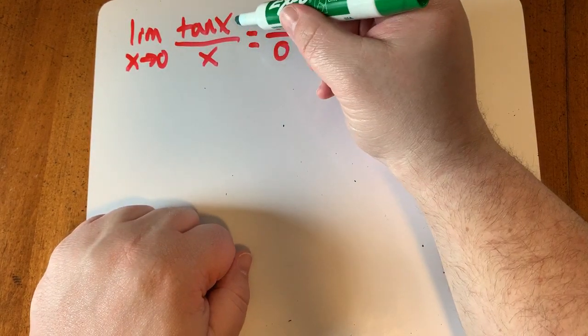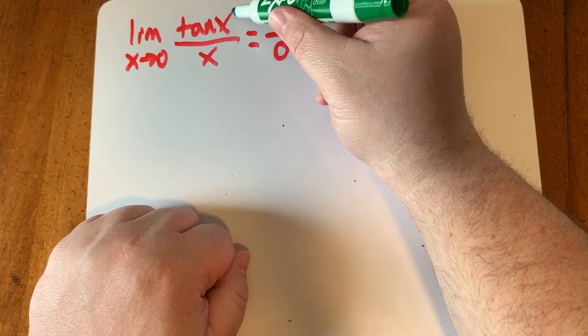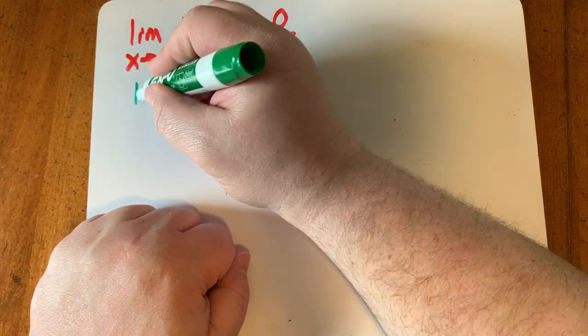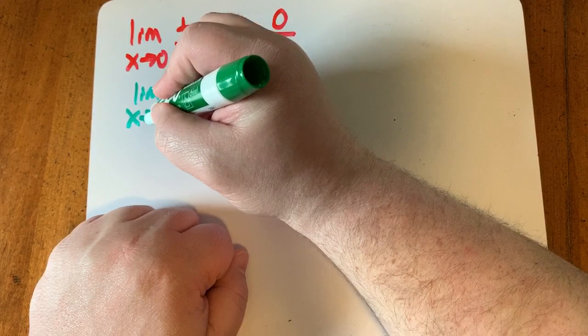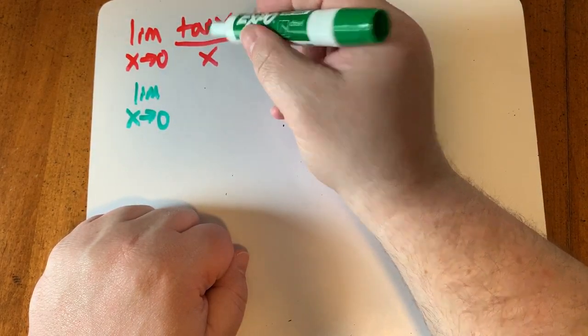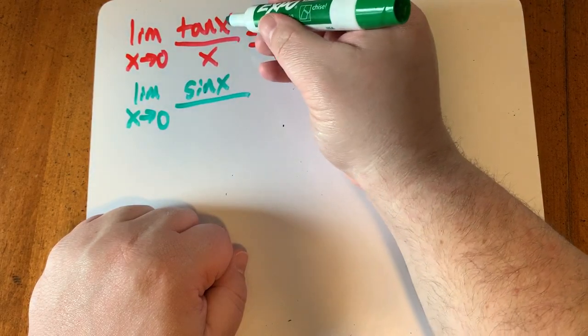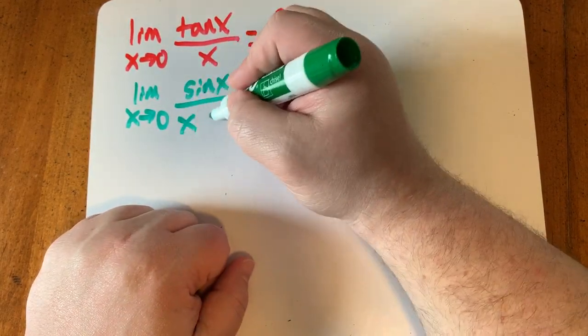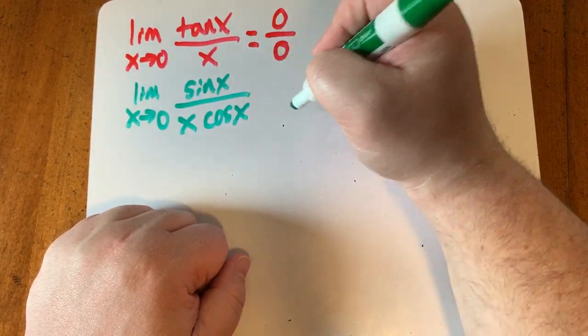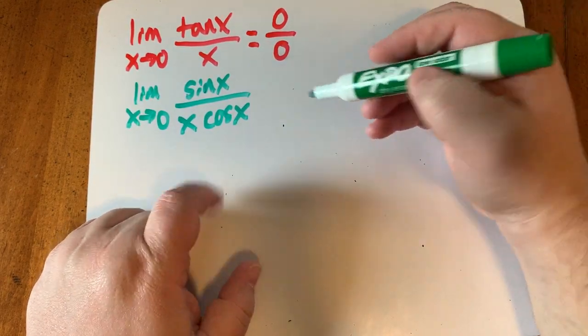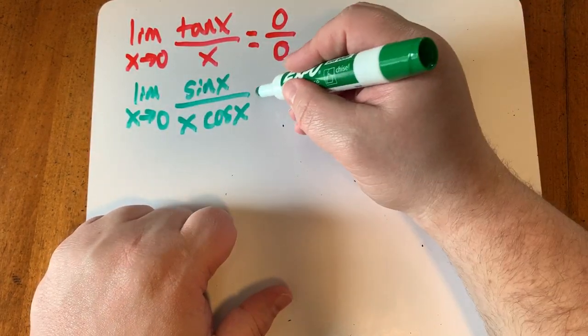So let's try and manipulate this one. Well, we know an identity for tangent. Tangent is sine over cosine. So that's sine of x over, and then if you're dividing by x, it would be x cosine of x. Well, now we have the sine of x over the x.